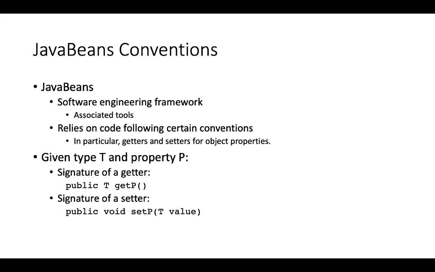T, which is the return type, it's going to return that type. Get, literally GET, as the beginning word of the method, and then whatever the property name is using camel case, basically the first letter of every word capitalized. And then it shouldn't take any parameters.